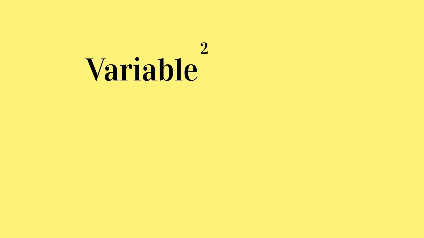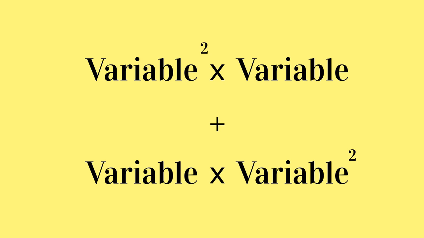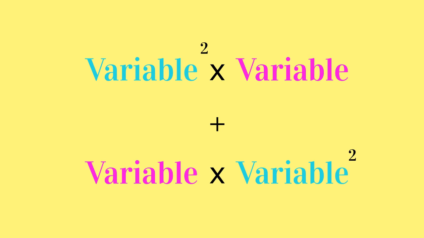Sometimes variables with powers can be multiplied by another variable. Terms containing multiple variables and powers can be added together if they have the same variables raised to the same powers.